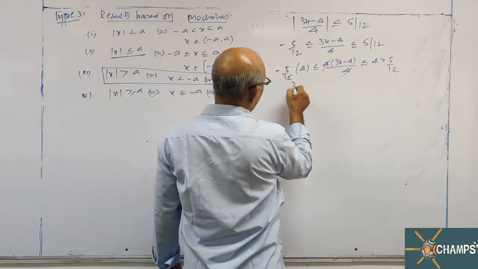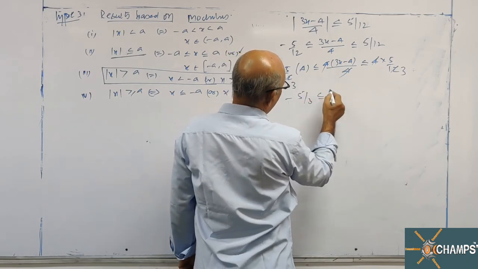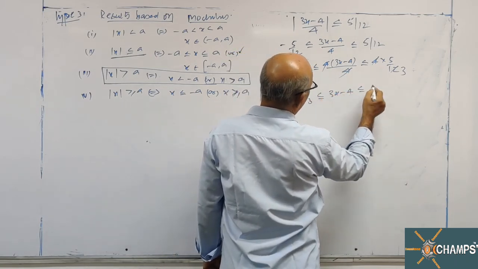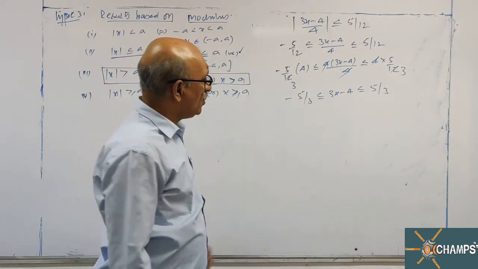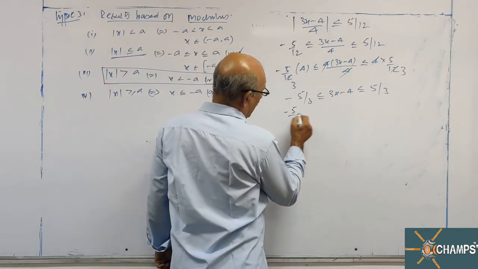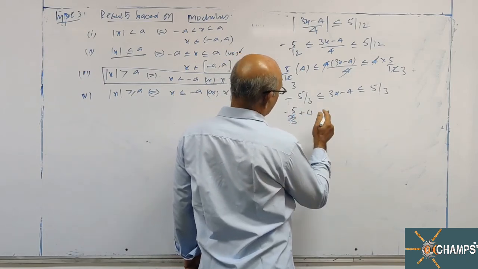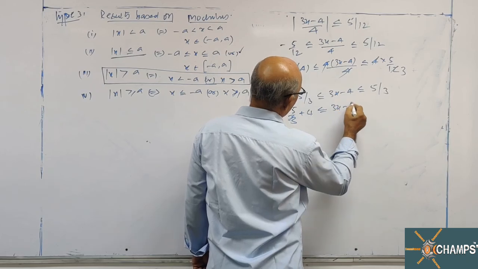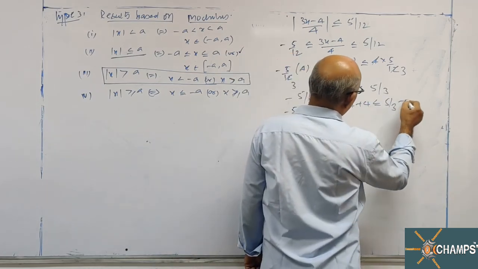The 4 cancels; 4 will go 3 times. Minus 5 by 3 is less than or equal to 3x minus 4, which is less than or equal to 5 by 3. Then you have to add 4. Minus 5 by 3 plus 4 is less than or equal to 3x minus 4 plus 4, which is less than or equal to 5 by 3 plus 4.